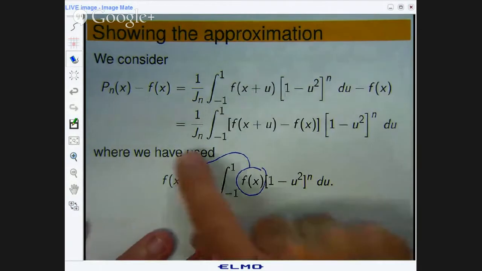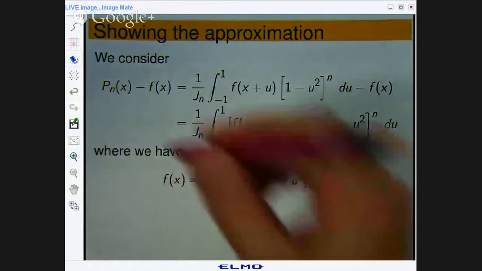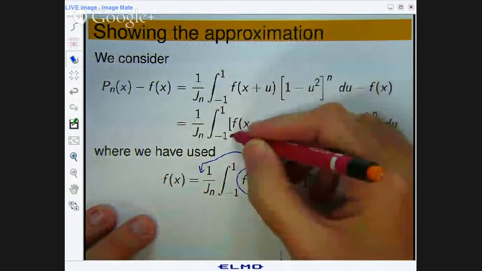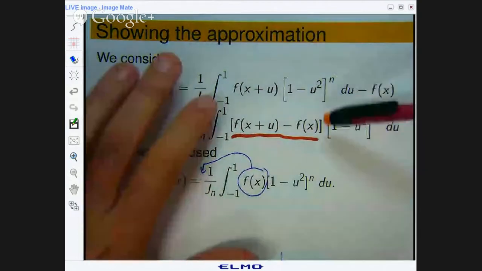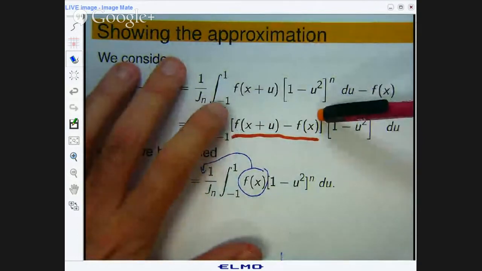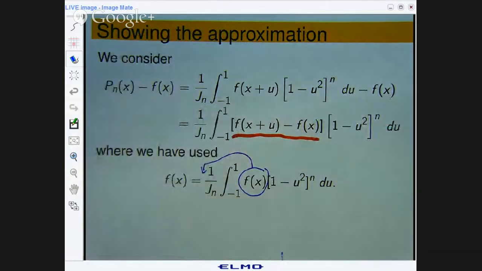All right, so let's continue with this. What we're going to do is take the absolute value of both sides and work with this difference here. We're going to put some estimates or inequalities on the absolute value of this difference. That's the next part of the proof.